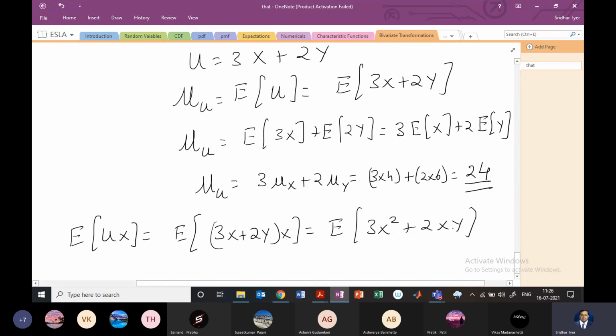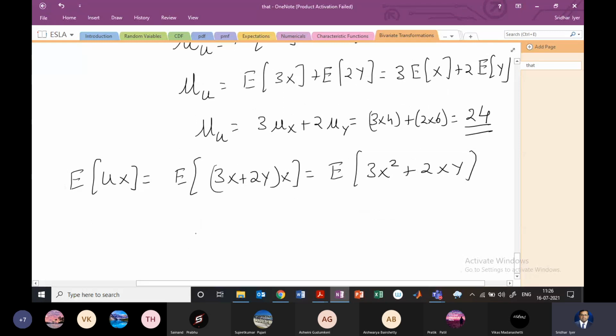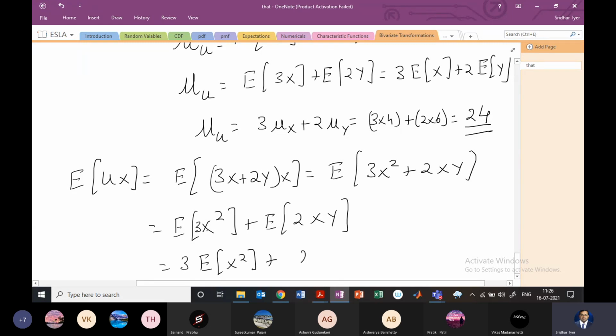Now, expectation is a linear operator, therefore I can write this as E of 3x square plus E of 2xy, right? Which can also be written as 3E of x square plus 2E of xy.